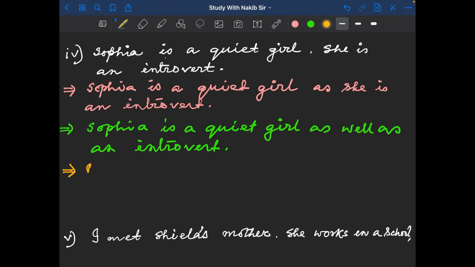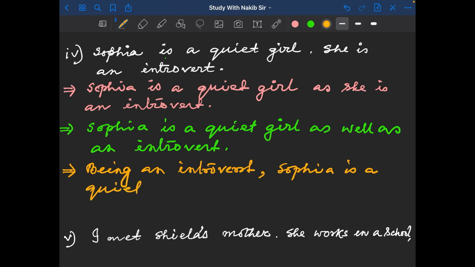See, being an introvert, Sophia is a quiet girl. Okay, so in these three ways you can combine these two given sentences. The first one is, Sophia is a quiet girl as she is an introvert. Because she is an introvert, for this she is a quiet girl.